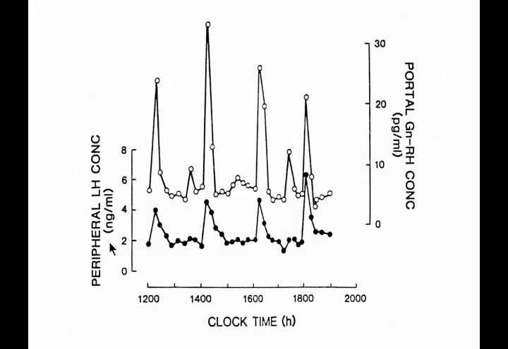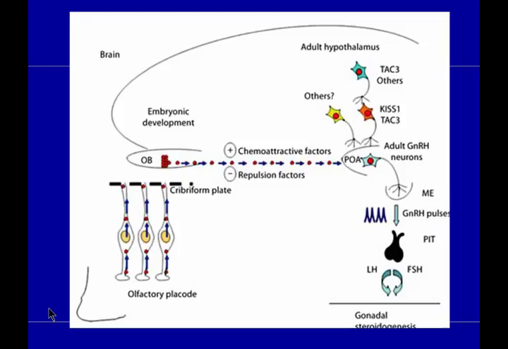And as you can see, these pulses over time in LH secretion are in black dots. If you look at his portal GnRH concentration, you can see it basically parallels that. That is to say, these pulses are in response to these pulses of GnRH.